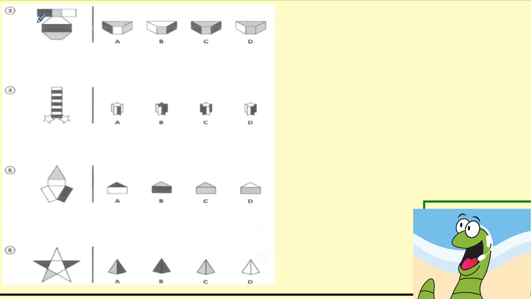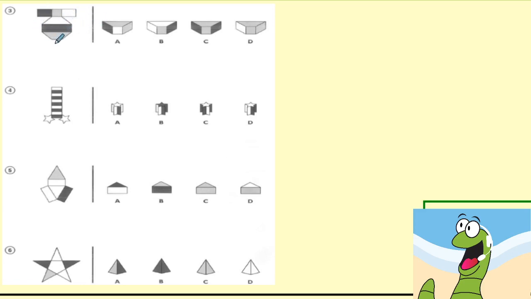So if we were to fold that up and bring that over there, fold the shape around, let's have a look. If we had the grey side at the top here, that would have to get turned around.